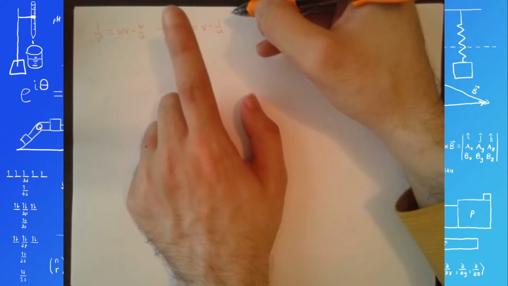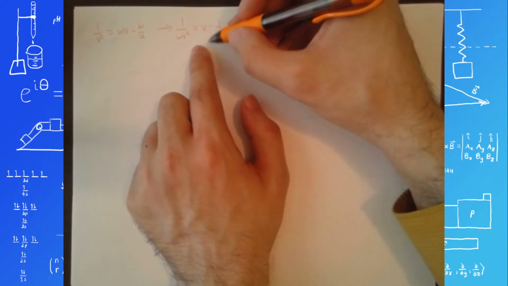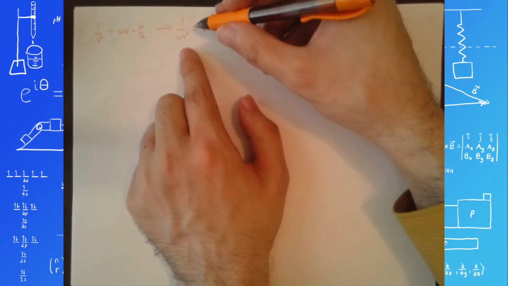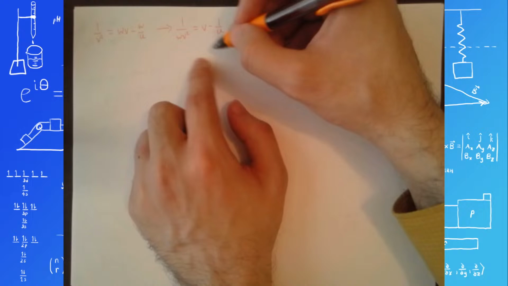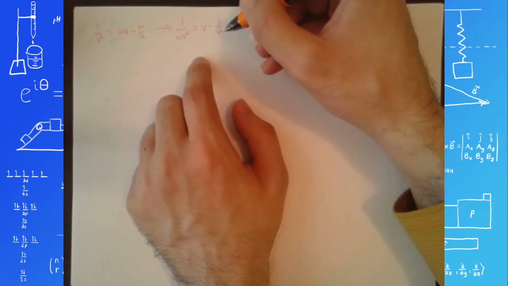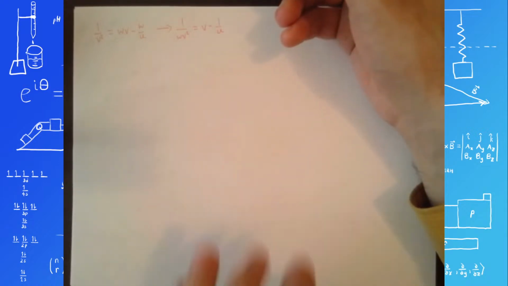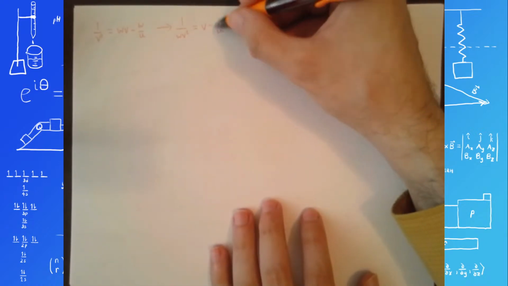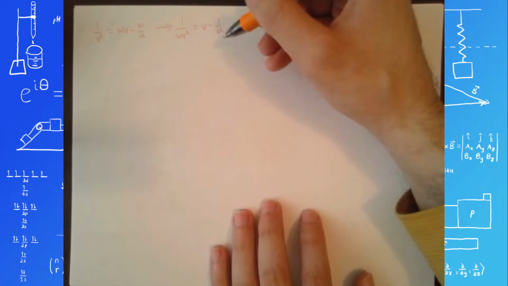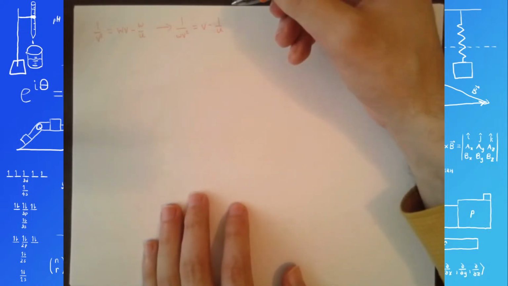Anyway, next up, we're probably going to want to isolate this 1 over u. So we could subtract the v over to the left, or we can add 1 over u and subtract 1 over wv squared, which is more steps because you're doing 2 steps instead of 1, but at least you get rid of the negative in front of the thing that we're trying to solve for, so I think it's worth it.